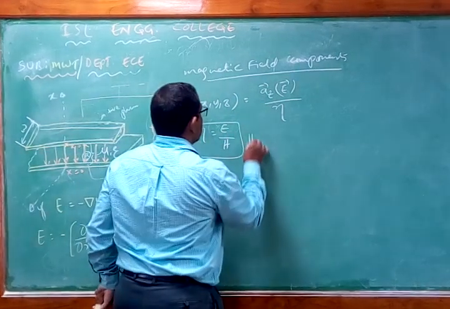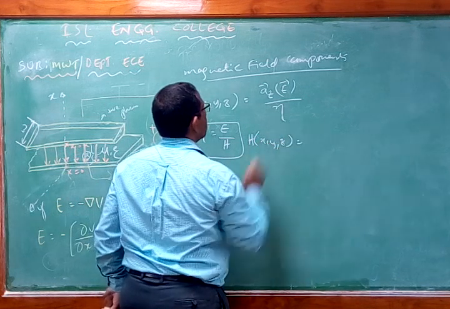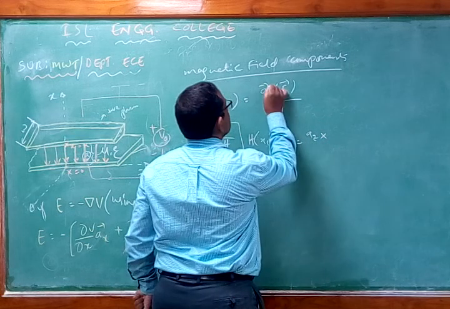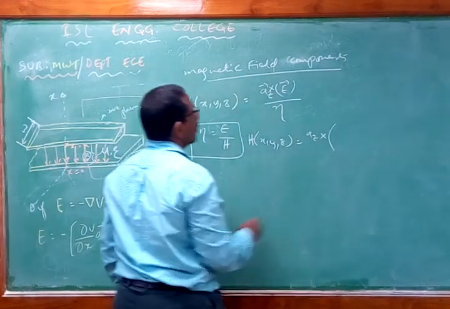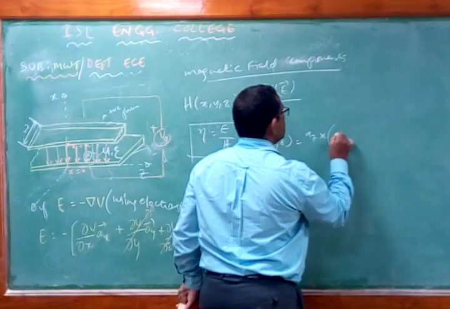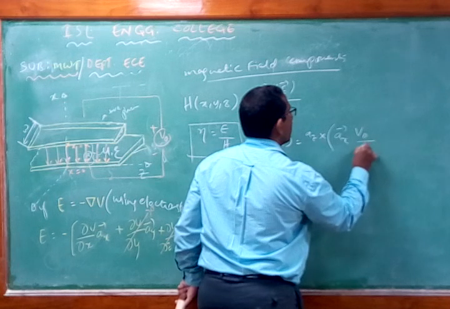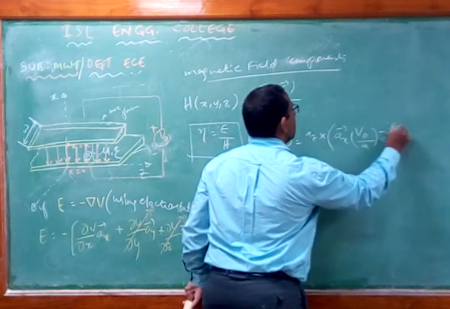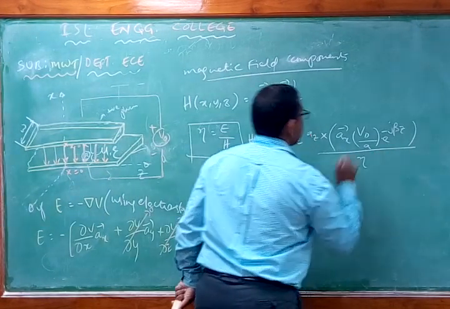Therefore H of XYZ I can represent as Az cross E. What is E that we just got? It is Ax times V naught by A into e power minus j beta z, all divided by eta.